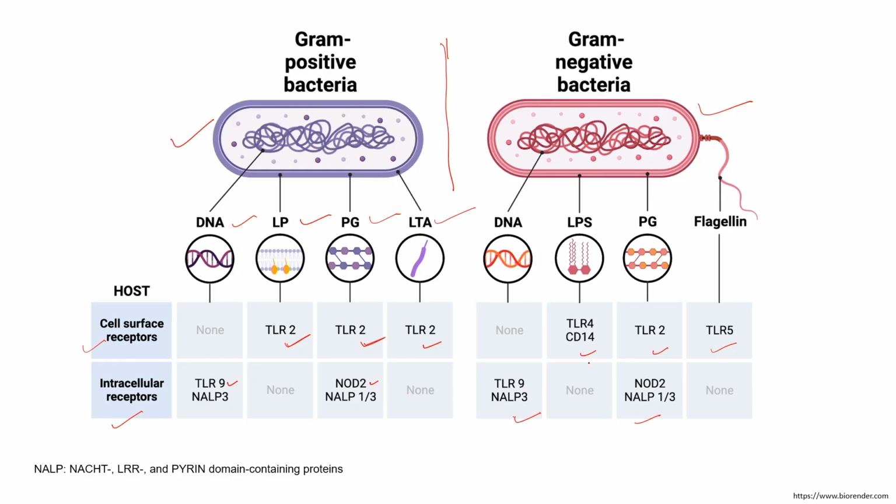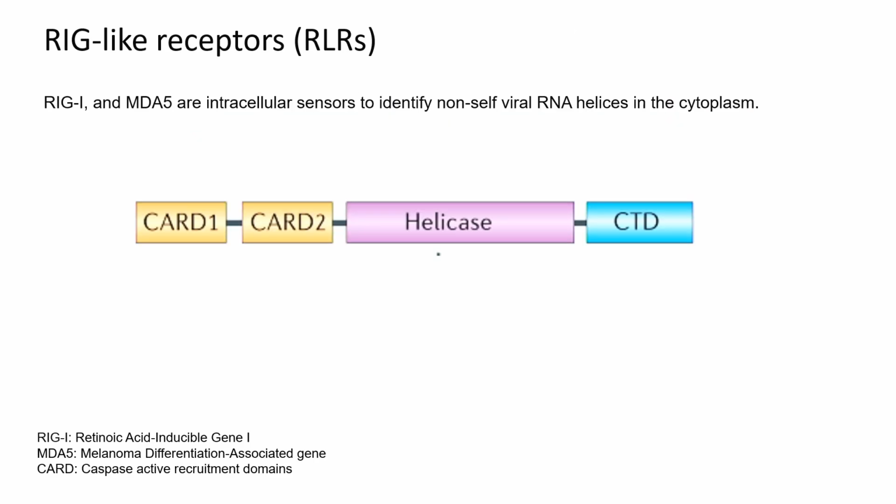So, this is just a pictorial representation of the different sensors which are present to identify the gram-positive and gram-negative bacterial antigenic contents. Right, we will move on to the third one, which is called RIG-like receptor.